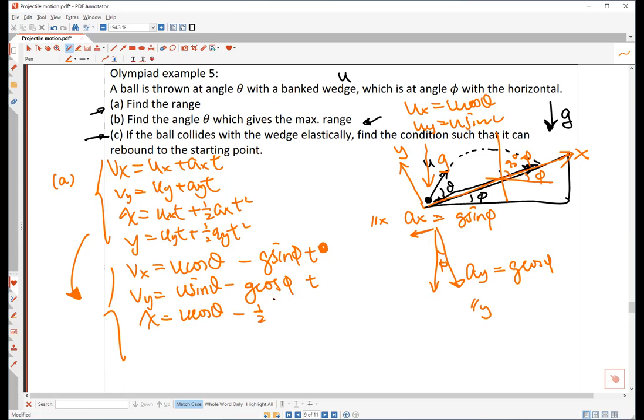Both accelerations are opposite to the x-axis and the y-axis. So therefore I put the negative sign there.